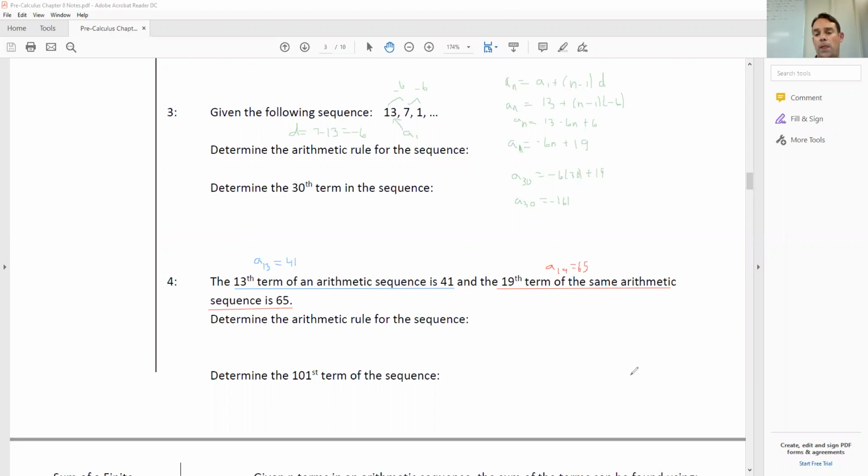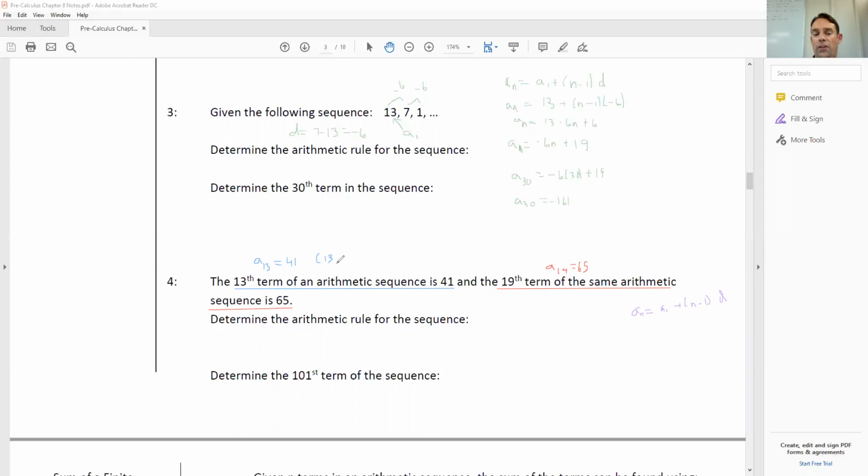Now, friends, if we remember that the rule is a sub n equals a sub 1 plus n minus 1 times d, there's a couple ways you can go about doing this. You can do it as a system of equations if you wanted to, or instead of looking at them as function values, the way I usually look at it is, what if we just treat them as points?